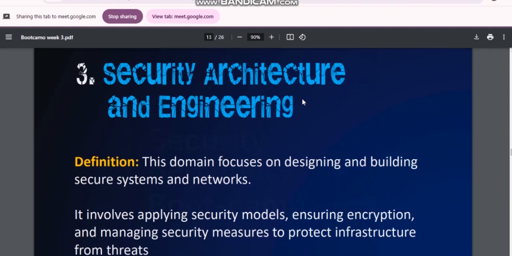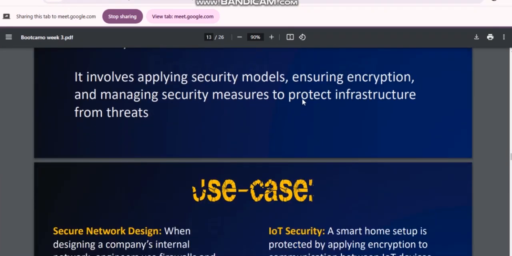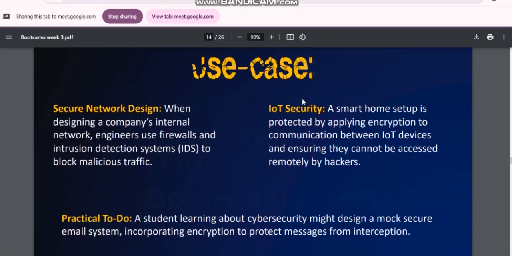Under the use case, secure design: when designing a company's internal network, engineers use firewalls and intrusion detection systems to block malicious traffic. IoT security: a smart home setup is protected by applying encryption to communication between IoT devices and ensuring they cannot be accessed remotely by hackers.